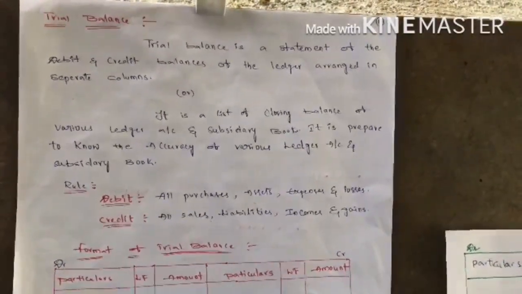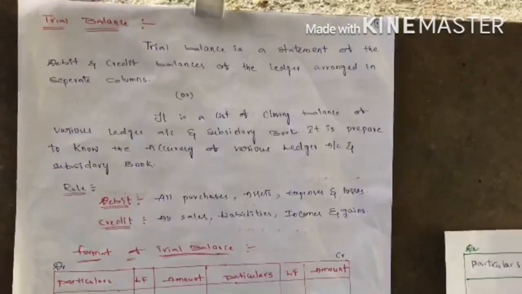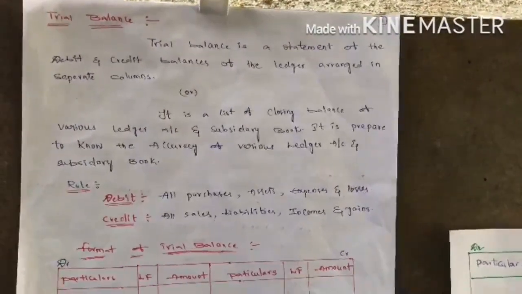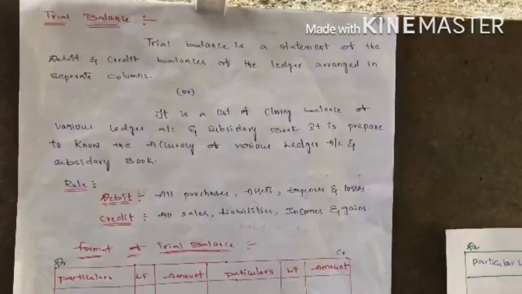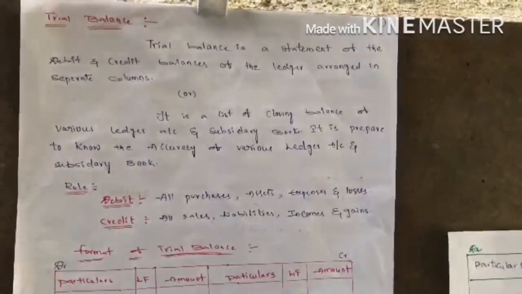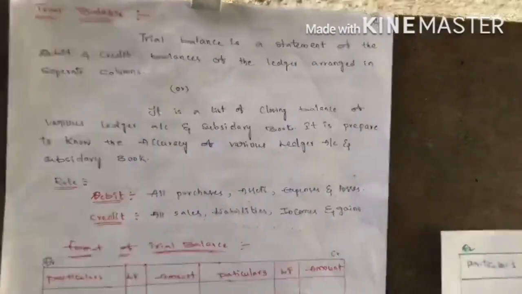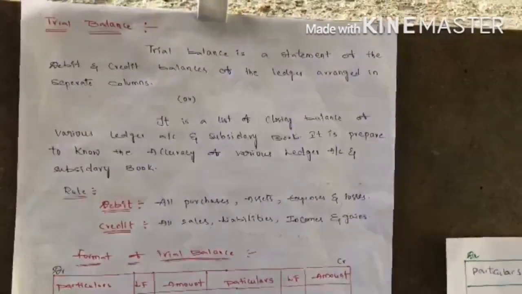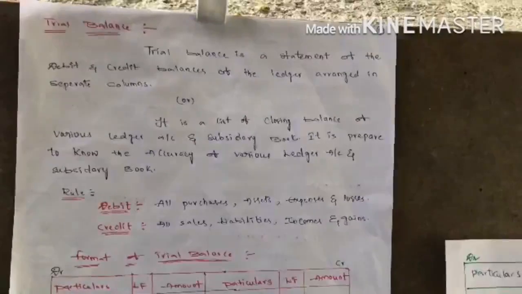So first one, the trial balance is not an account. It is a statement of the debit and the credit balances of the ledger arranged in separate columns. That means the trial balance is not an account, it is a statement. Why it is a statement? I can tell you.